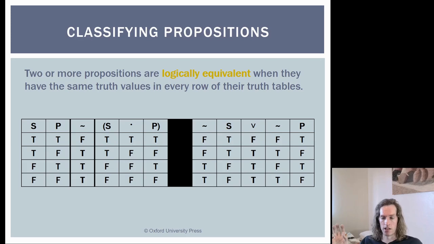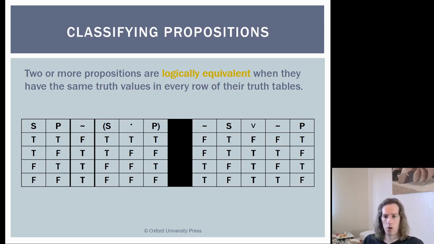If the value here was true, true, false, true, and the value here was false, true, true, true, these would not be logically equivalent. But because the values of these propositions are identical within the same row, we can say that these two propositions are logically equivalent.